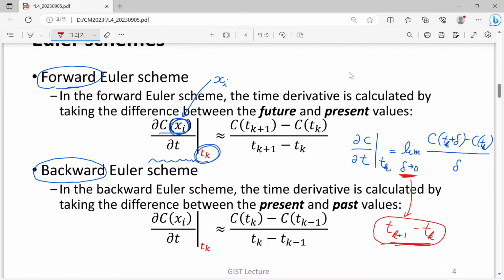Then let me write down what we can do. Now t sub k plus 1 minus t sub k, and in the upper part we have t sub k plus 1 minus t sub k. Okay, so what is it? This is the form shown here.